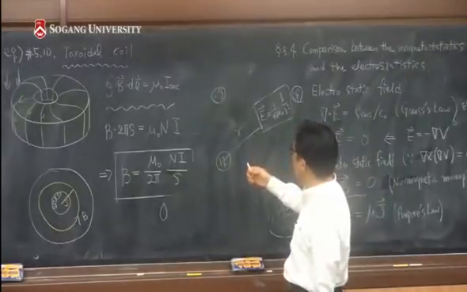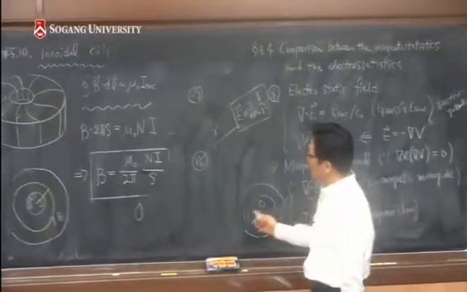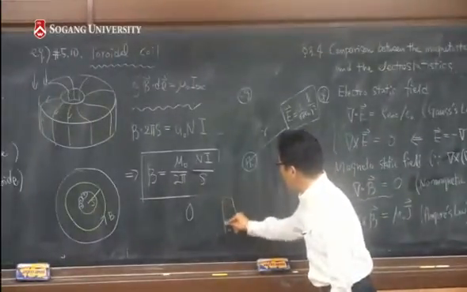But for the magnetic field, whenever you have a north pole, you always have a south pole attached to it.